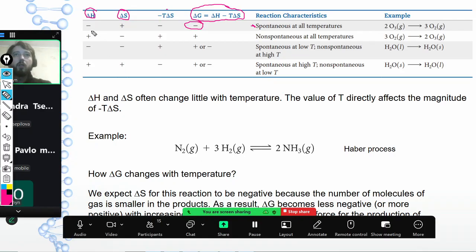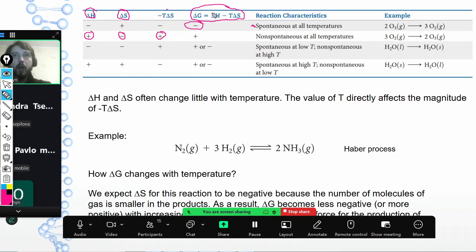Okay, what happens if delta H is positive while delta S is negative? What does it mean? Negative delta S multiplied by positive temperature gives you a negative number. With the minus sign, that will give you a positive number.